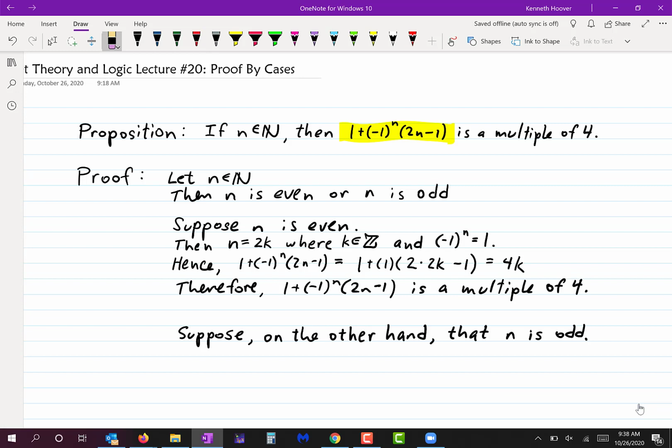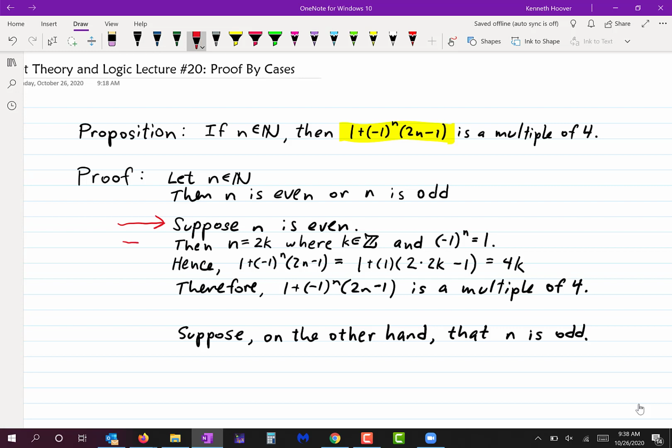I also think it makes your proof sound a little bit more sophisticated, if that matters to you. Now, sometimes when you do proof by cases, one case will differ greatly from another, but in this case, it doesn't. The skeleton of the proof is the same. A couple of the details work out differently because of n being odd instead of even, but the idea is going to be exactly the same. We got a line like this written down.